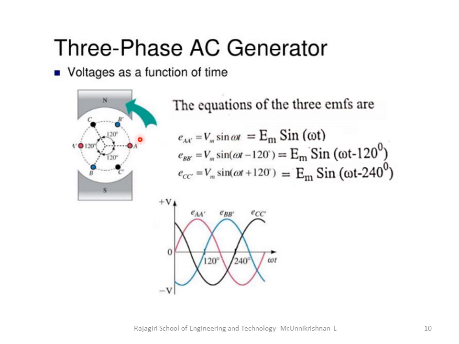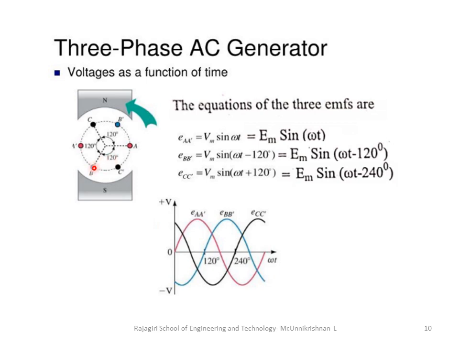Now while the coil rotates, the next coil which cuts the x-axis is B coil. So this B point will be advancing and crossing the x-axis after 120 degree.